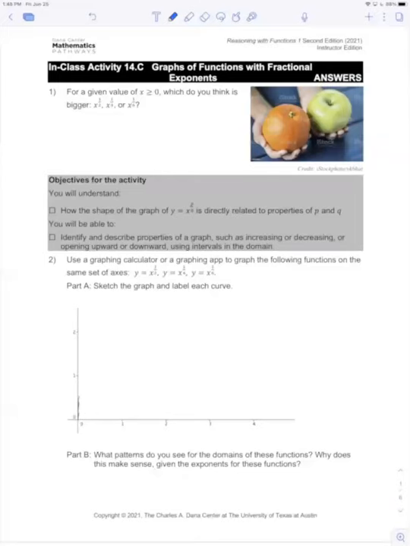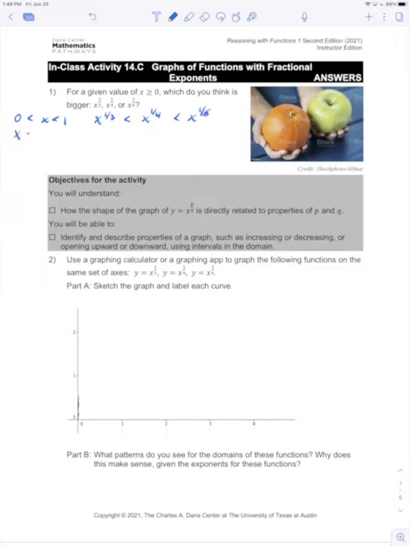In-class activity 14C. 1. For a given value of x, which do you think is bigger, x to the 1/2, x to the 1/4, or x to the 1/6? Well, the answer is going to depend on how large x is. If x is in the interval 0 to 1, then x to the 1/2 is going to be less than x to the 1/4, which is less than x to the 1/6.